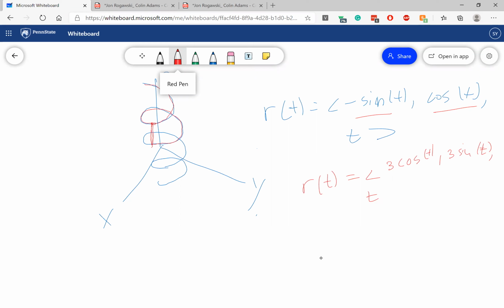So now I'm going to have a circle of radius 3, because now this squared, so 3 cosine of t squared plus 3 sine of t squared, this is equal to 9 times 1.